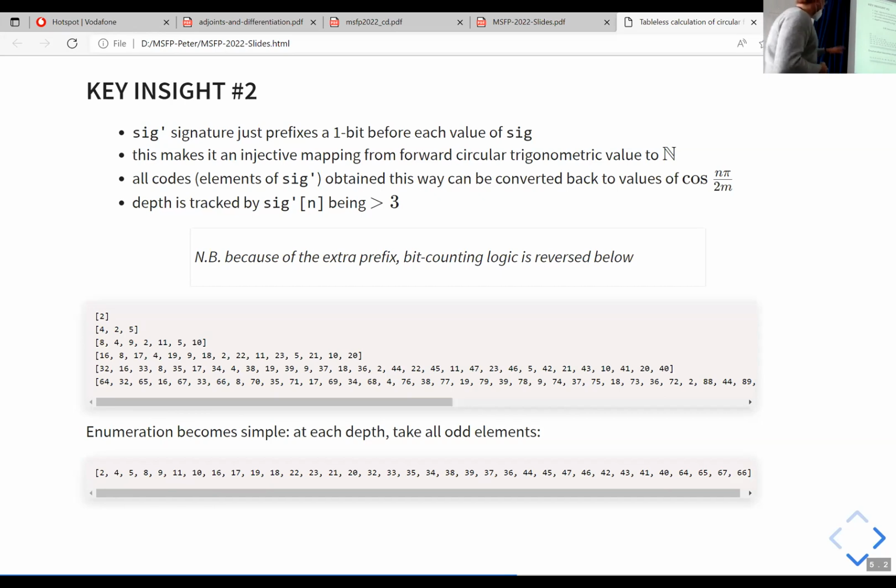And of course, if you look at it carefully, it still has this visible structure here. So you can enumerate all values by looking at all odd elements of the sequence at each depth. So basically, it's 2, 4, 5, 8, 9, and so on. This will give a sequence of unique integers which enumerate all of those values.